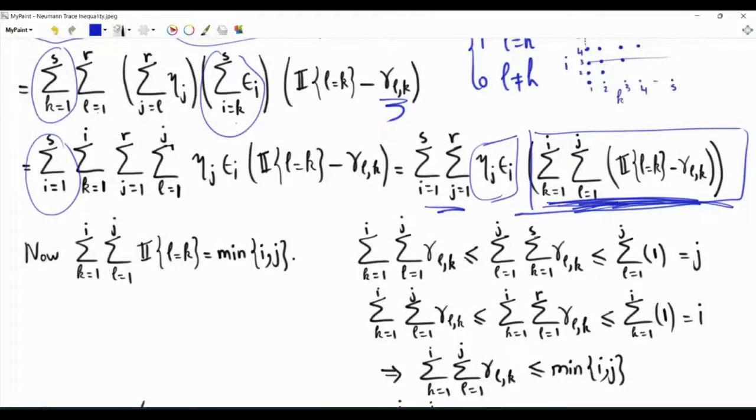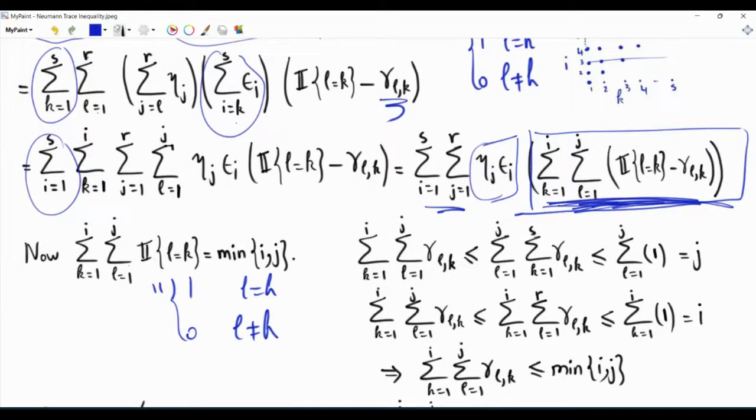Focusing now on this double sum here, what if you sum the indicator? The indicator is 1 when L is equal to K and is 0 if L is not equal to K. So when K is 1 and L is 1, that's a term of 1. When K is 2 and L is 2, we have another one, and so on.